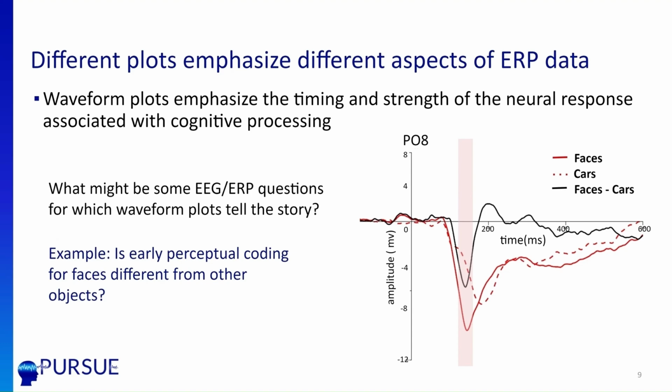You can see here that the N170 ERP in the faces condition peaks earlier than in the cars condition. This shows that there is a faster processing in the faces condition, and because the N170 peak is negative, it is also evident that there is a stronger neural response in the faces condition.